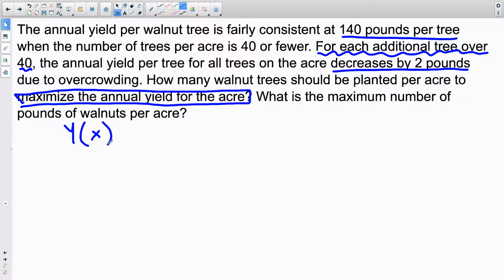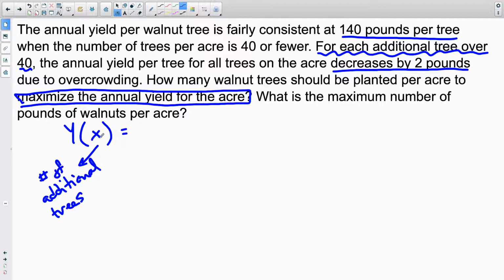So if we make X the number of additional trees planted, we know what the yield is going to be. If we have 40 trees, you're going to get 140 pounds per tree. That's easy, but we can mess with that according to X.